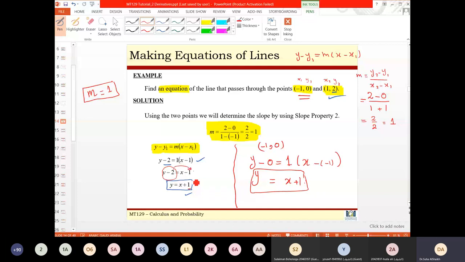Okay? Yeah. So we can choose any one of the 2 points. If I choose this one, or if I choose this one, it will work well. Okay, both cases work well. You can find a lot of practice in the book, huh? So try to practice more of finding an equation.